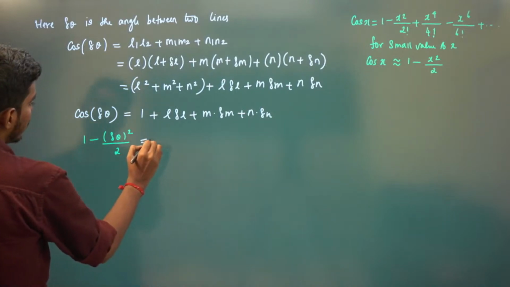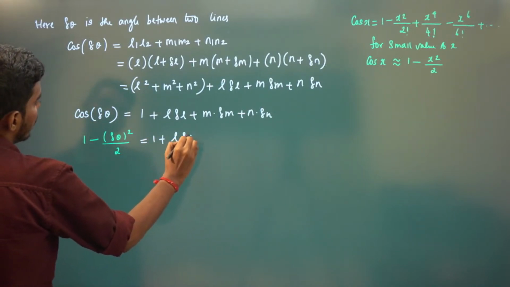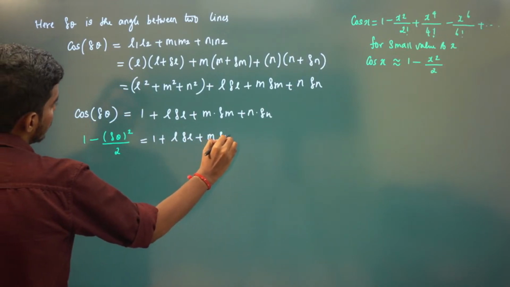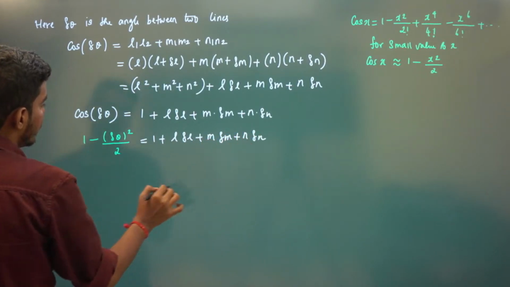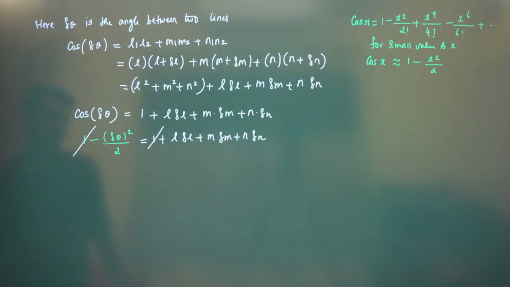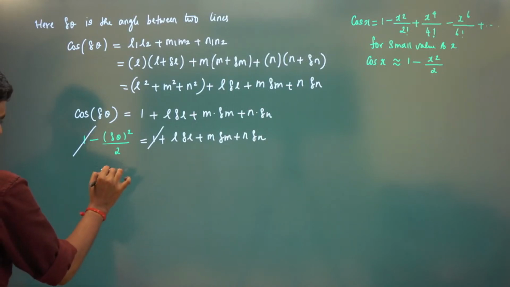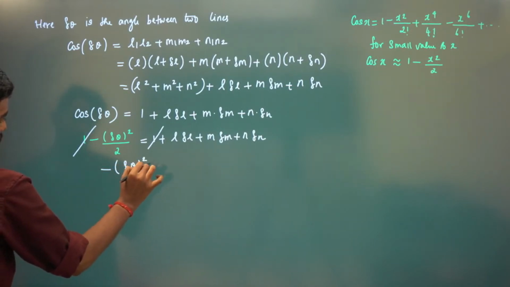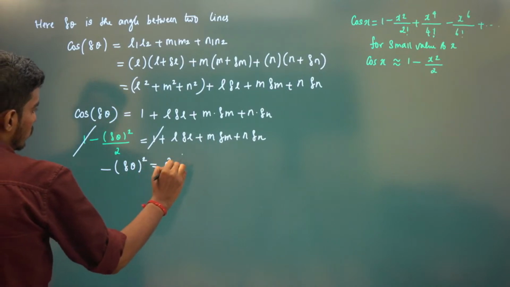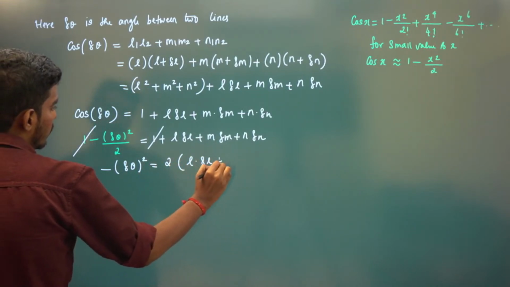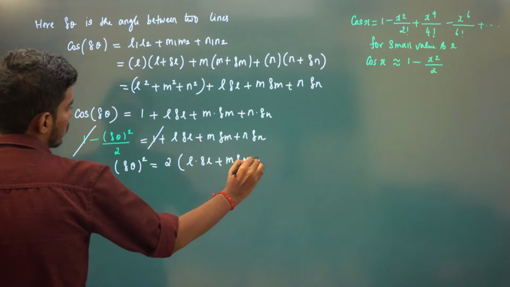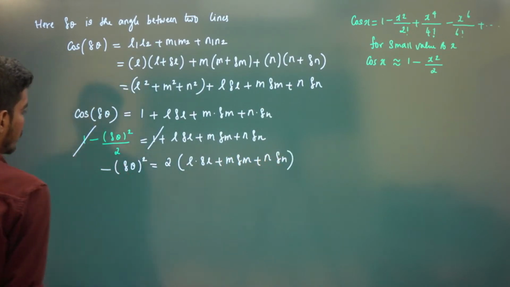So this is equal to again 1 plus L delta L, M delta M, N delta N. So again these two will get cancelled. So we have minus del theta whole square is equal to 2 times L del L, M del M, N del N.